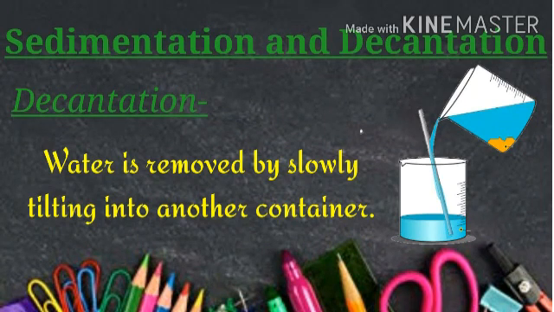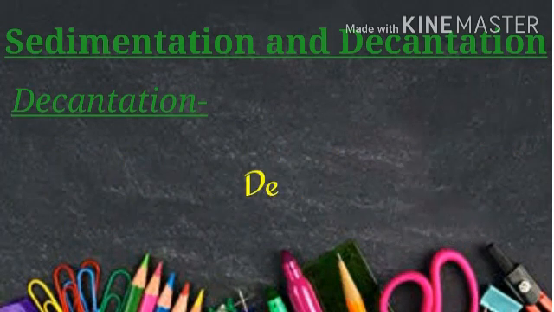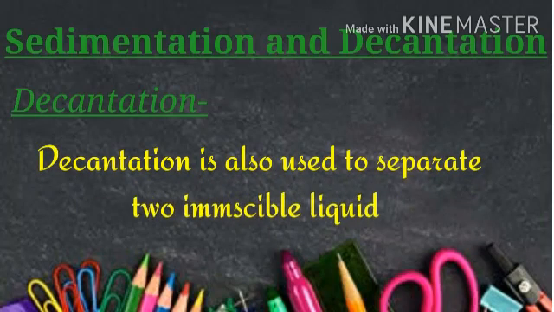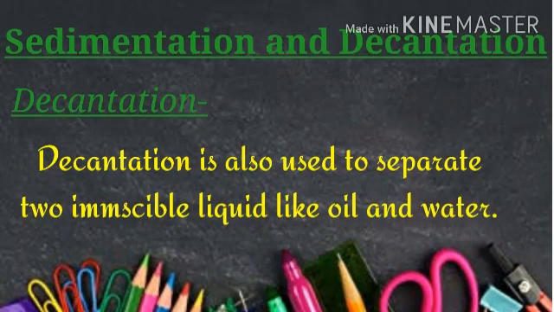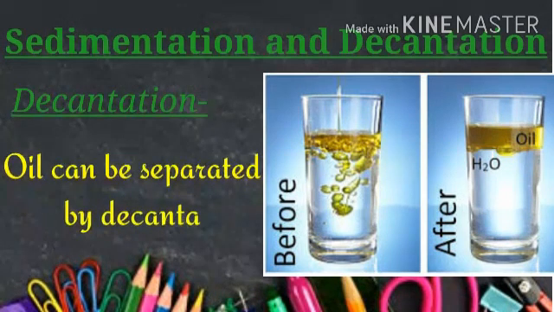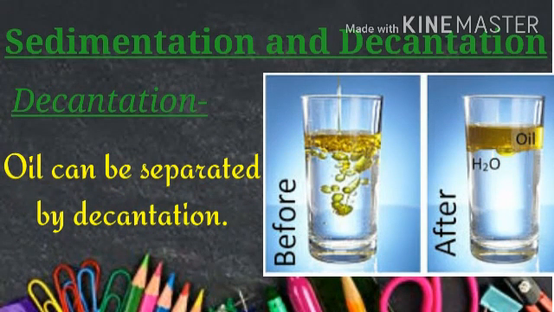Sedimentation is always followed by decantation. Decantation can also be used to separate a mixture of two immiscible liquids like oil and water. You already know about immiscible liquid, right? So if there is a mixture of oil and water, oil will form a layer on the top of water and it can be easily separated by decantation.